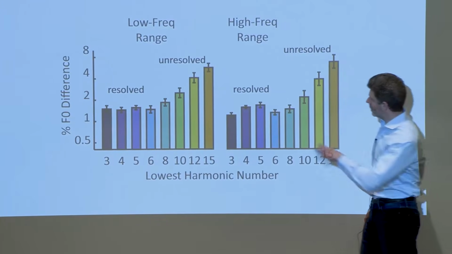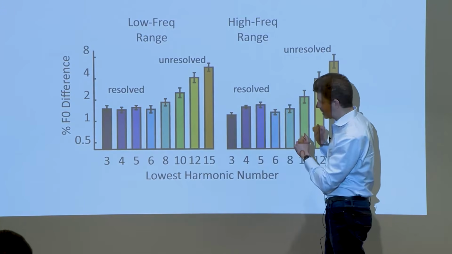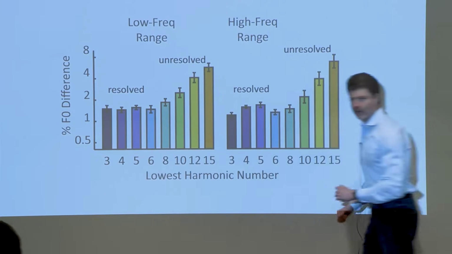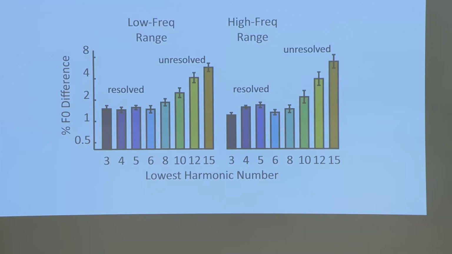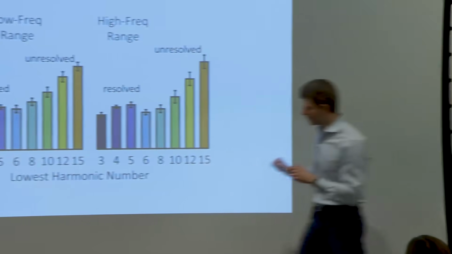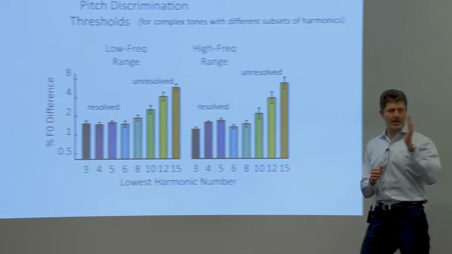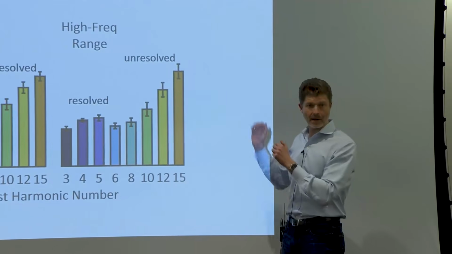Okay? There are two different frequency ranges, which for our purposes doesn't really matter. And then the critical variable here is what's plotted on the x-axis, which is the lowest harmonic number in the stimulus. Okay? And so if the lowest harmonic number is 3, that means that that stimulus contains harmonics 3, 4, 5, 6, 7, up to some large number.